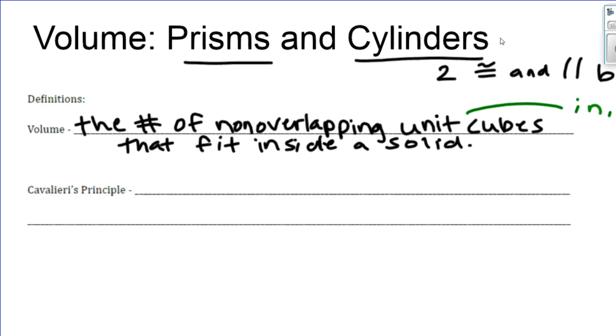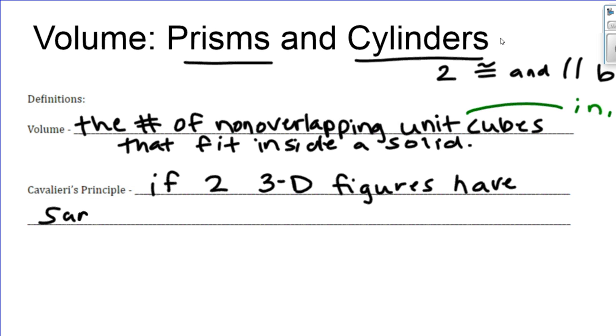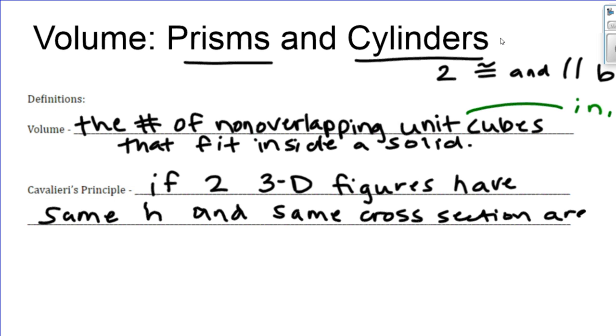And it says if two 3D figures have the same height and same cross-section area, then they have the same volume.